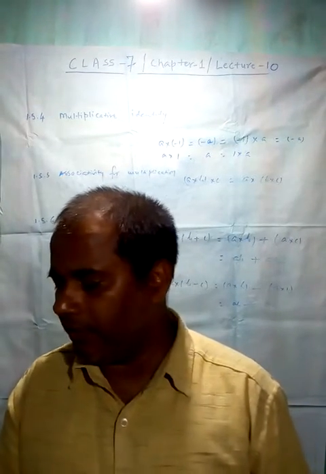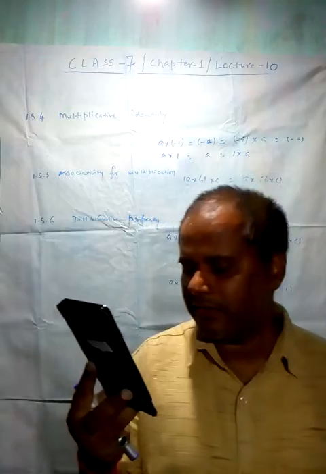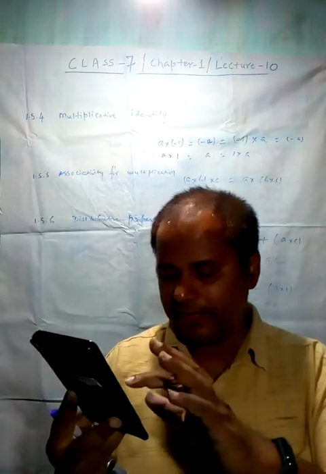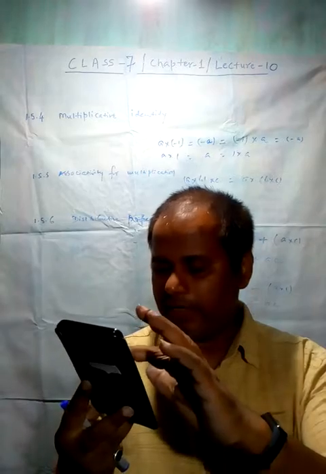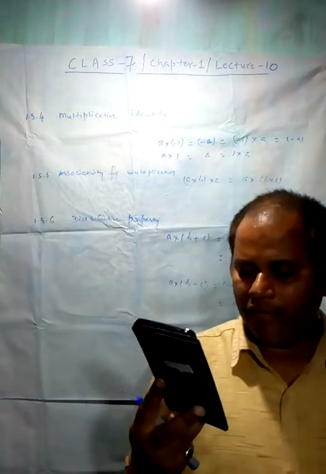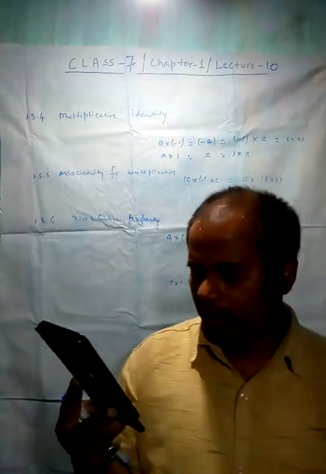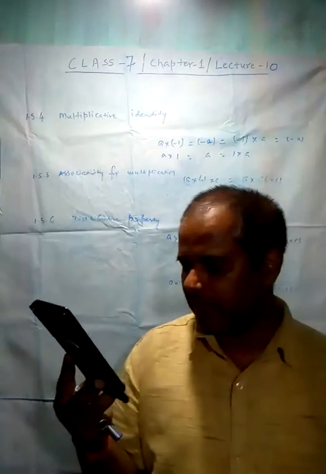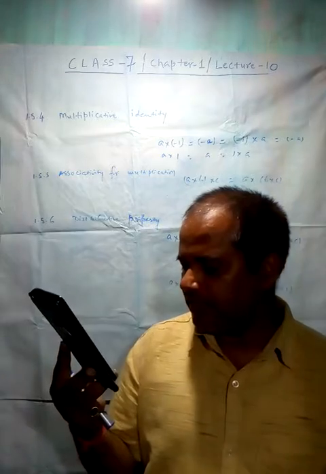Now consider the following. Can we say 4 into the bracket 3 minus 8 is equal to 4 into 3 minus 4 into 8? Let us check. The value is minus 20 on both sides, so we can say both are equal. Look at the following here. You will find that these are also equal.